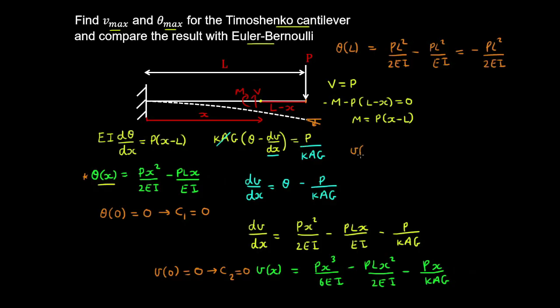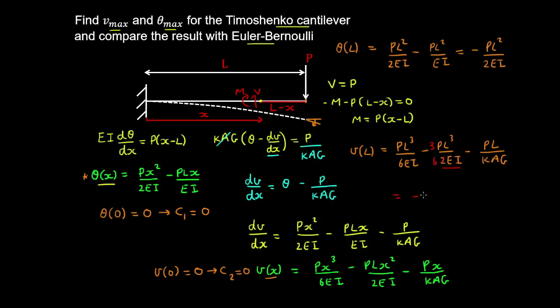And the maximum deflection is the deflection at x equals L. So substituting L, we have PL cubed on 6EI minus PL cubed on 2EI and then minus PL on kappa AG. So this term can be written as 3 on 6.